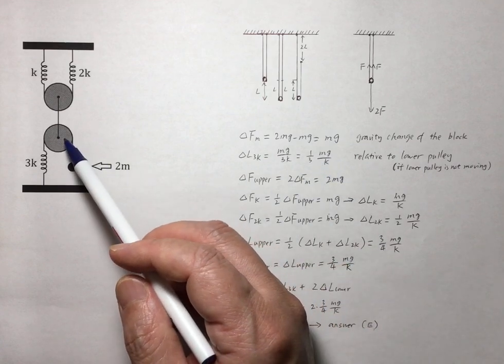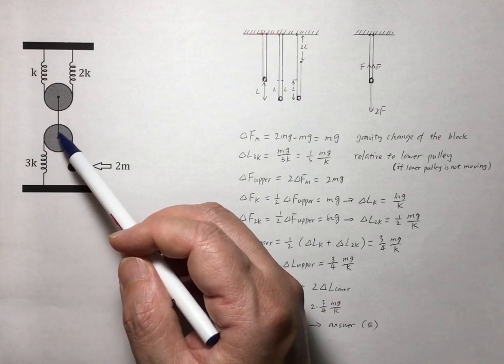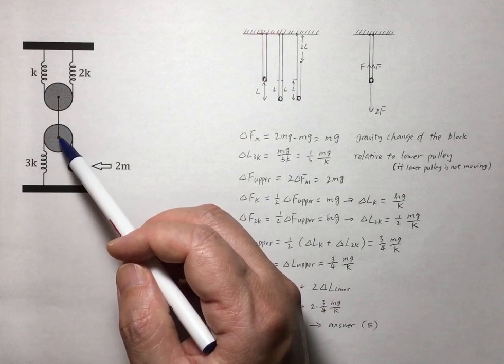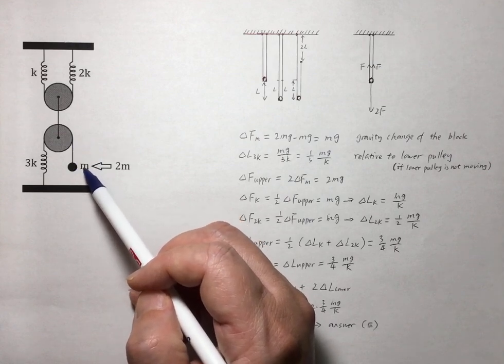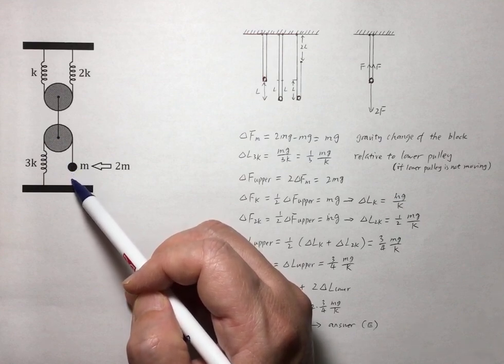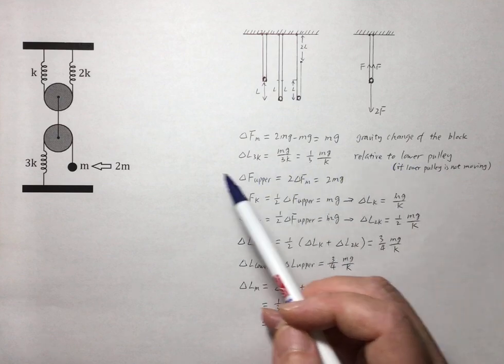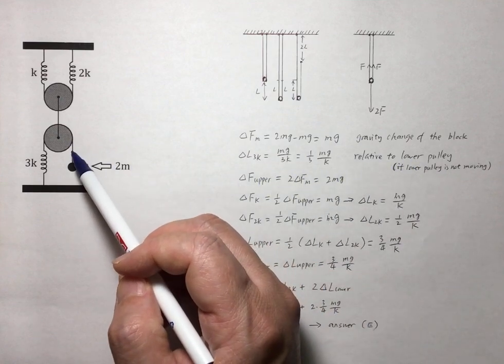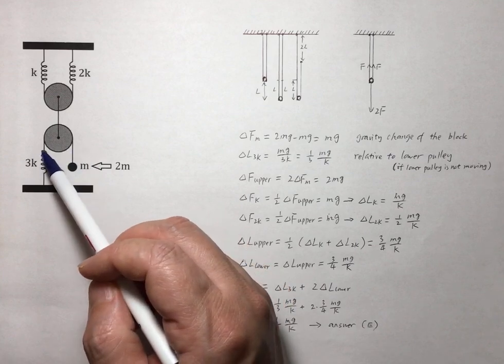But later I will show that actually the lower pulley is going down as well. So then we need to consider the additional amount that the block goes downward. So now let's go to that part. The additional force, or the force change here, is mg, and also mg here.